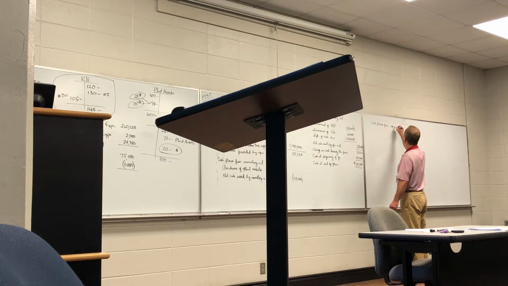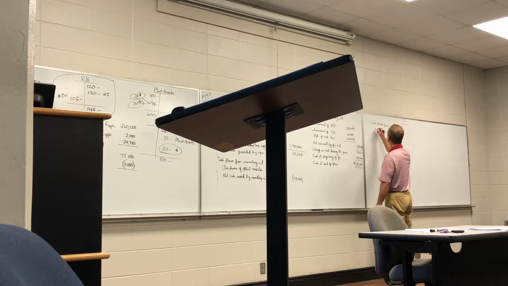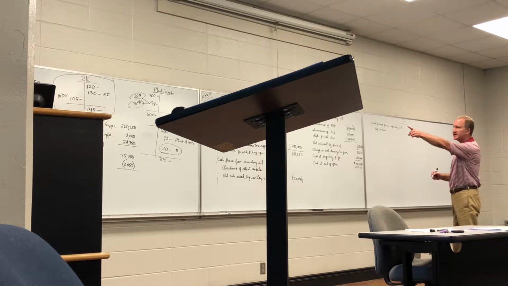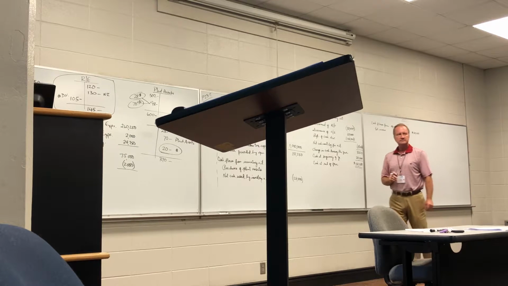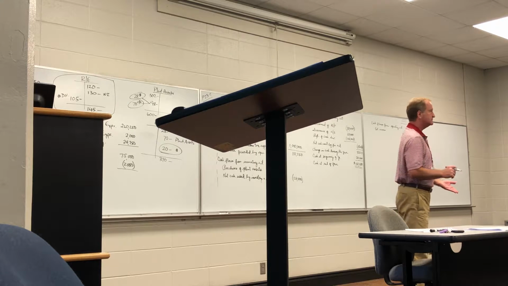Cash flows from operating activities. Under this method, we begin with net income. My net income, I remember from the T account for retained earnings, is 130,000. Then I'm going to make a series of adjustments.